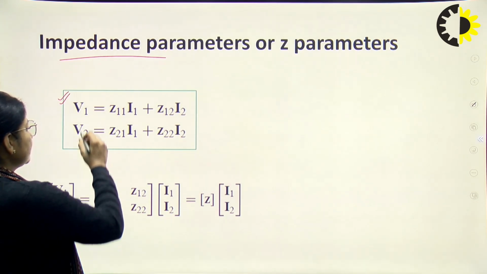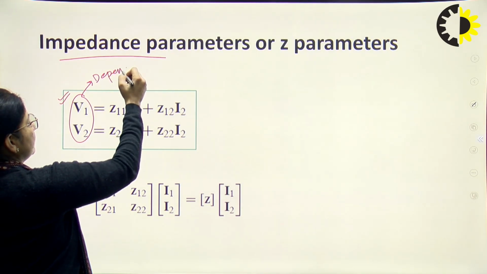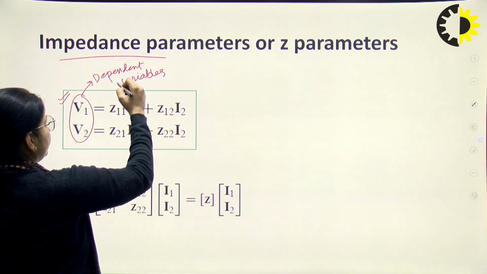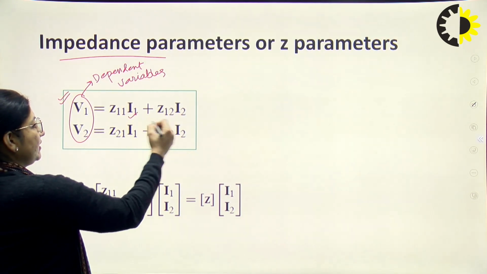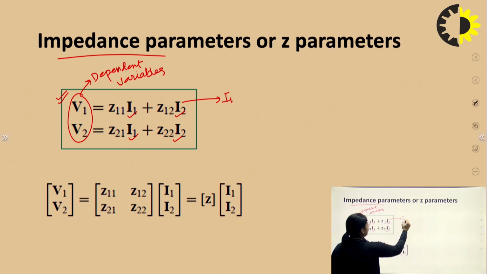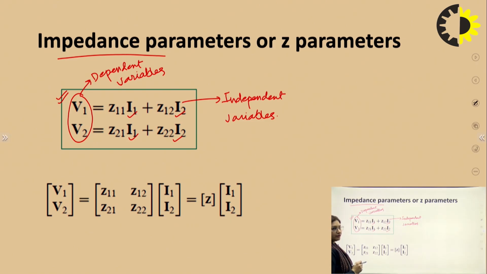In Z parameters, V1 and V2 are the dependent variables, and I1 and I2 are independent variables. That means the value of V1 and V2 depends upon the value of I1 and I2. So these are the equations.